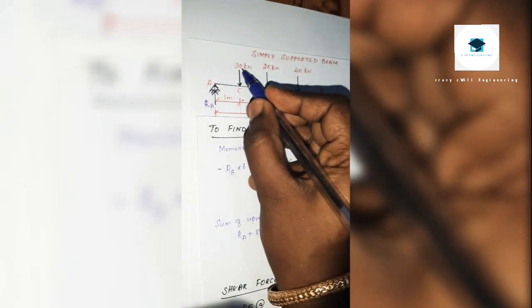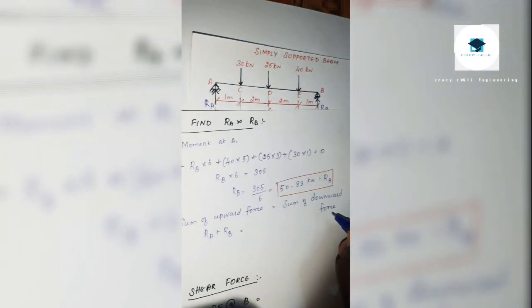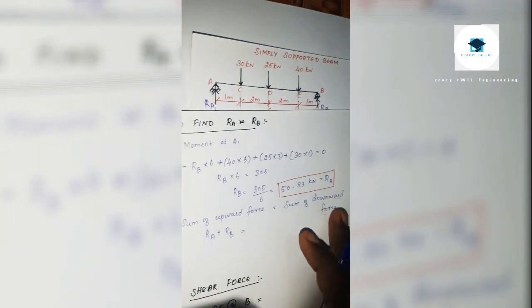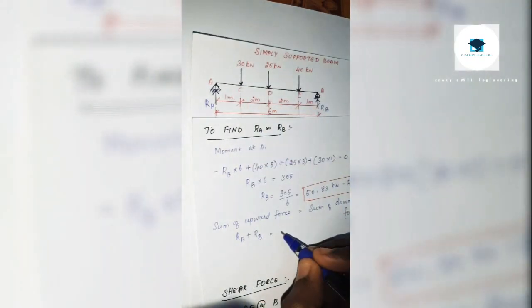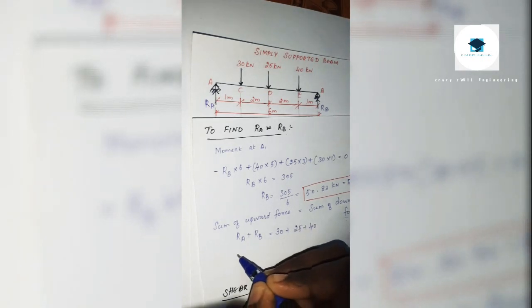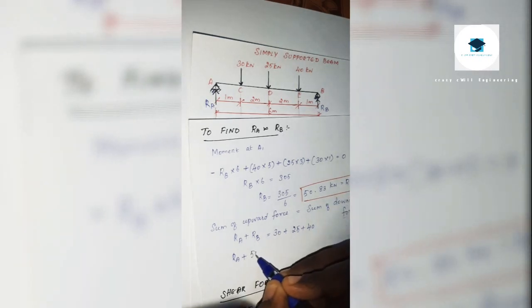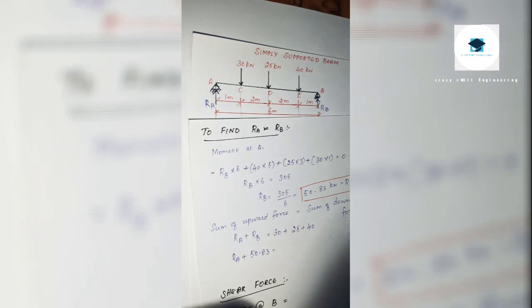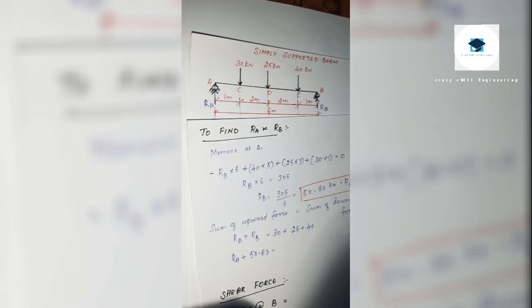Here we consider only force, not moment, so take the value as it is: 30 plus 25 plus 40. We know RB is 50.83, equal to 30 plus 25 plus 40, which is 95.